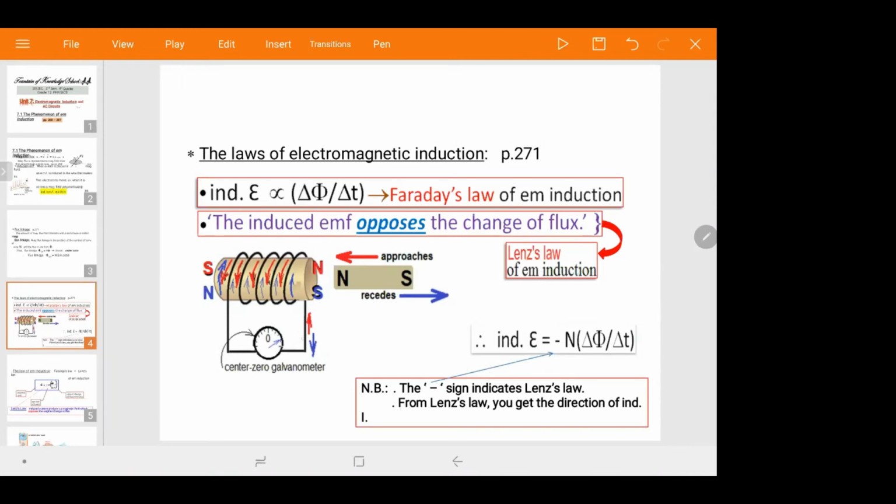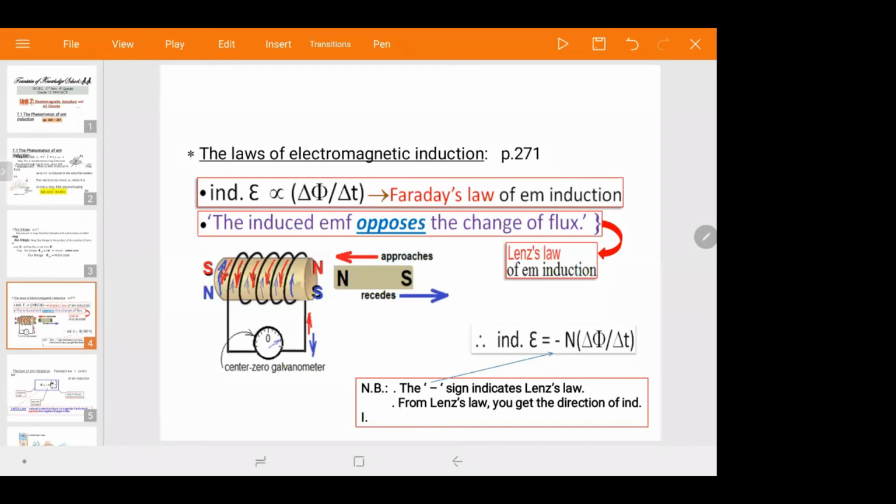Since the current is induced, we also call the magnetic field the induced magnetic field, to differentiate it from the permanent magnet that's approaching. So when the north pole is approaching, according to Lenz, a north pole will be induced here because the induced current opposes the change of flux.